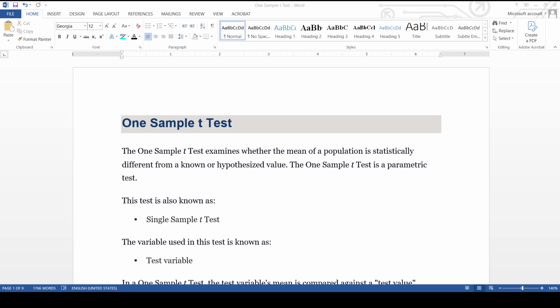So we have three of them that I'm going to expose us to. We have the one sample t-test, the independent t-test, and the paired sample t-test. Yes, thank you.